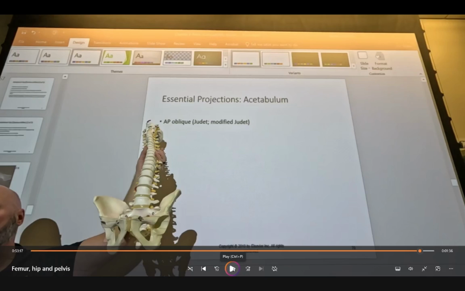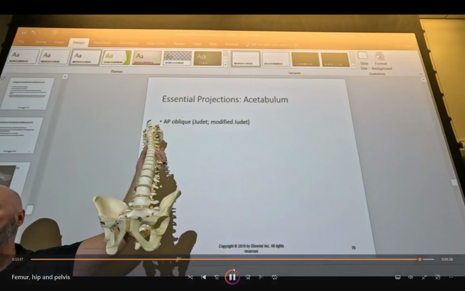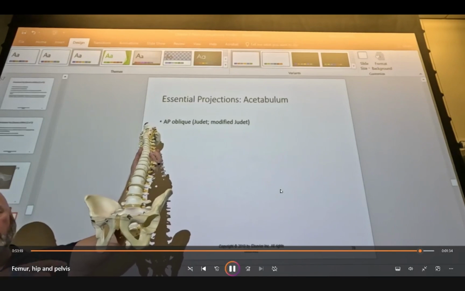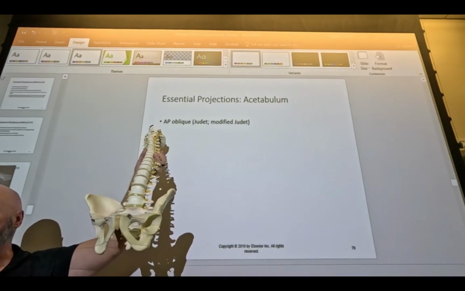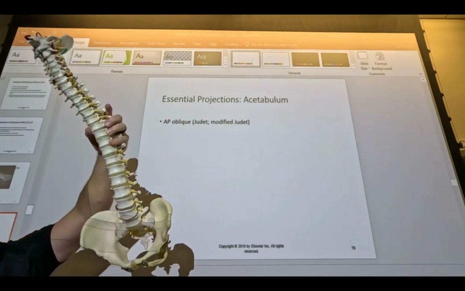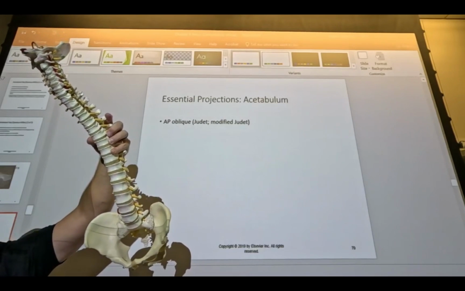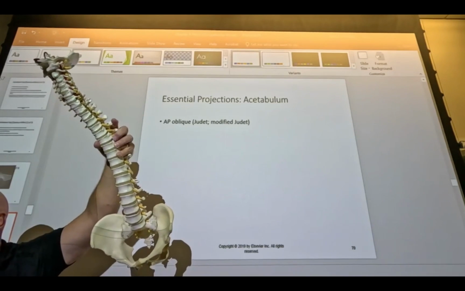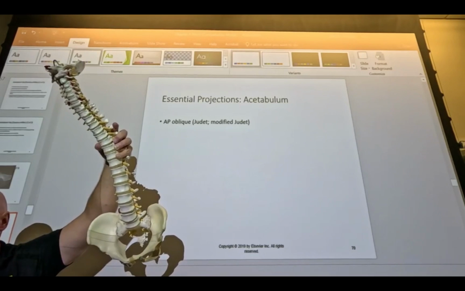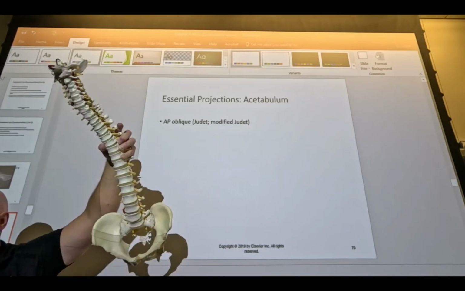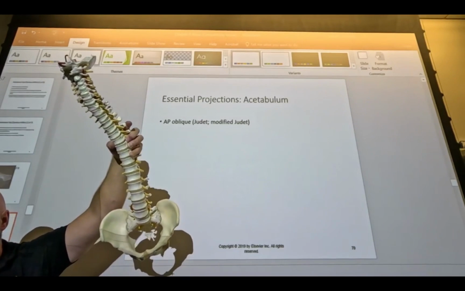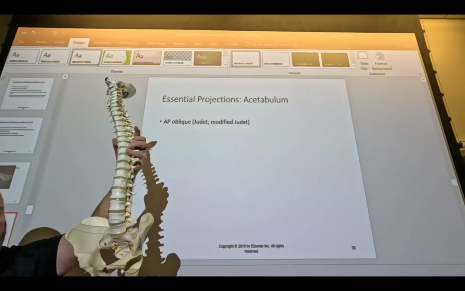And so in this case, in both males and females, we're going to angle the central ray 40 degrees caudad. And what we're going to see then is the anterior pelvic bones all stacked on top of each other, right like that, so that we can see anterior to posterior displacement. And now we can tell not only are there fractures, but where those fractures are going.